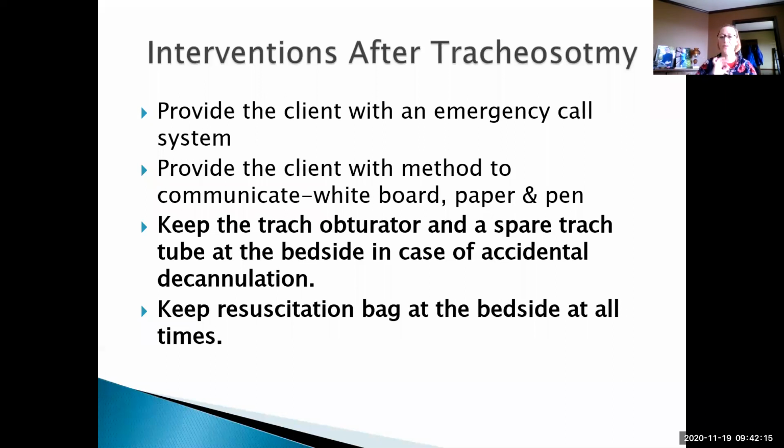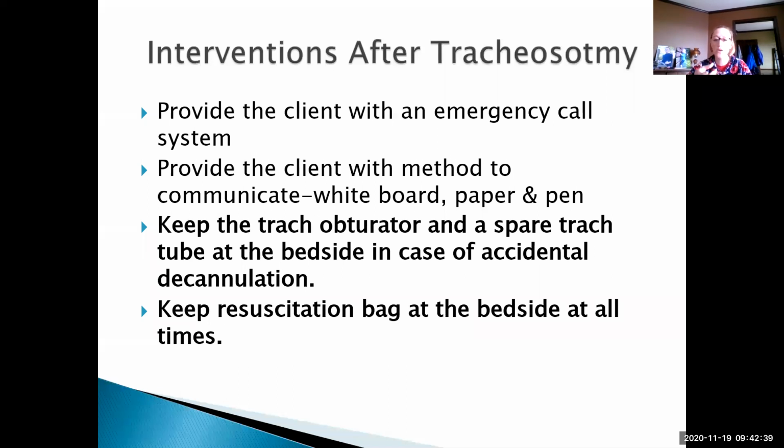If they cough or something, sometimes the inner cannula can kind of shoot out. That's not an emergency. That's just the inner cannula. We change it routinely so that you don't have those secretions and stuff that dry and build up in there. But it's not going to prevent them from breathing like the entire trach coming out would.